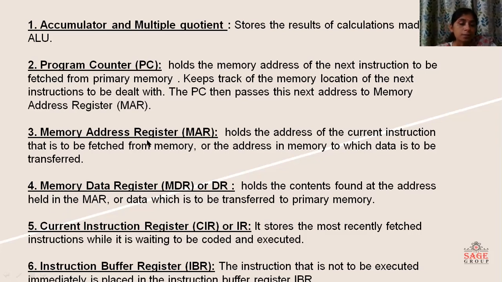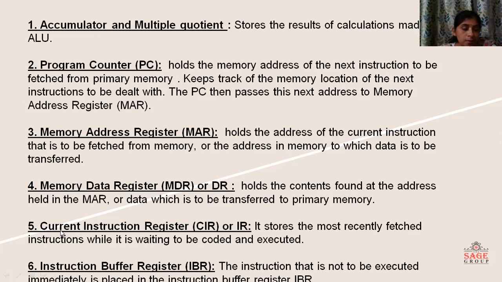The memory address register holds the address of the memory, and at this effective address the operands are stored, and those operands will be held by the memory data register.